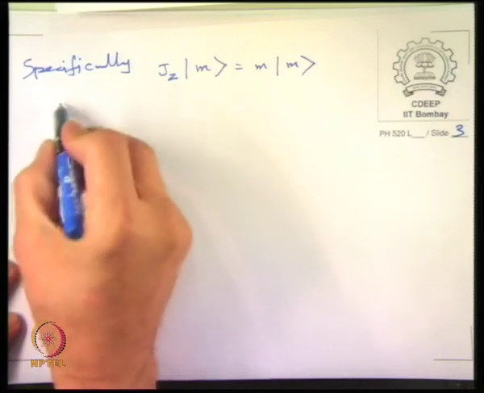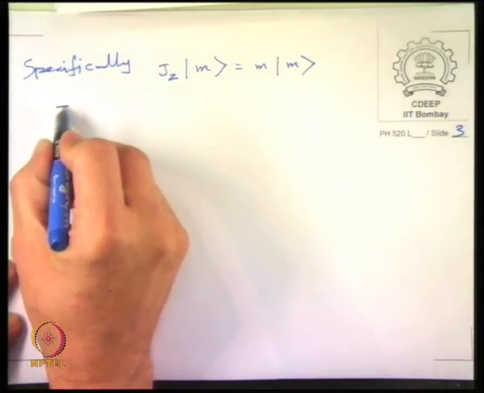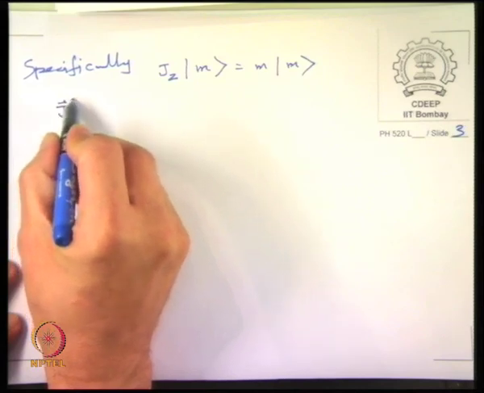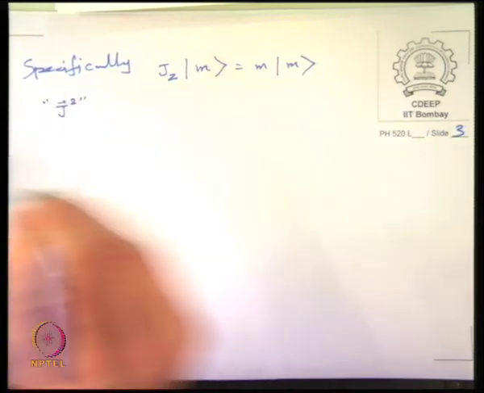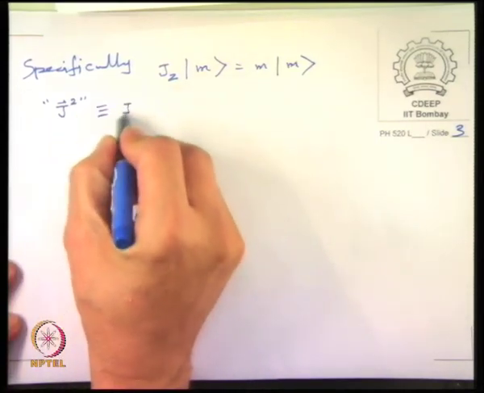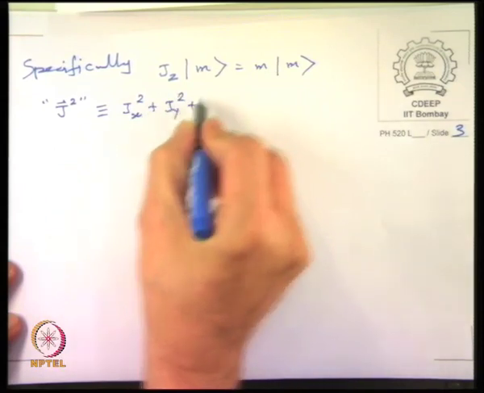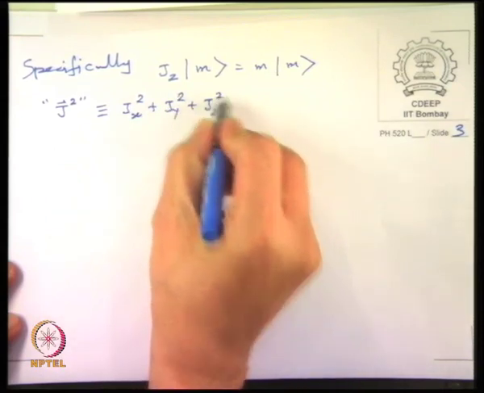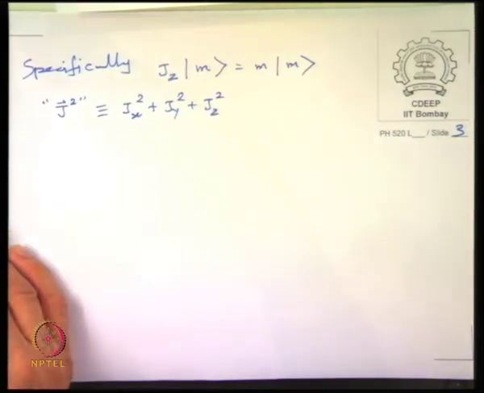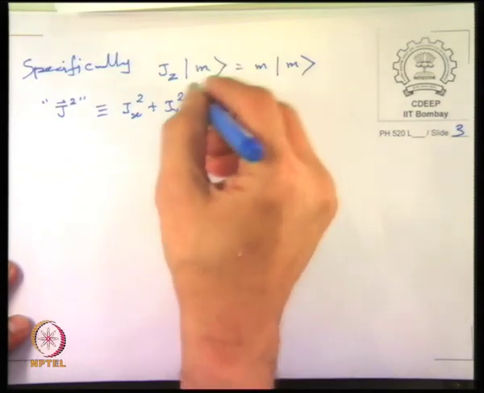But then the interesting thing was that we could realize that J squared, and this in inverted commas, you treat it as a composite symbol. J squared, its definition is Jx squared plus Jy squared plus Jz squared. Yes. So this has the same eigenvalue on all the |m>.